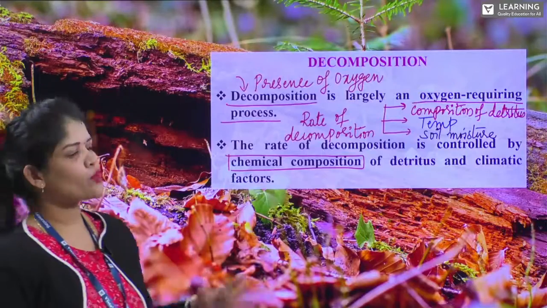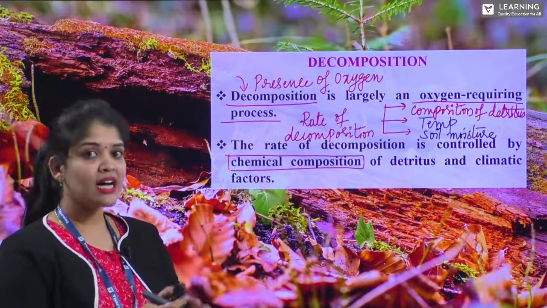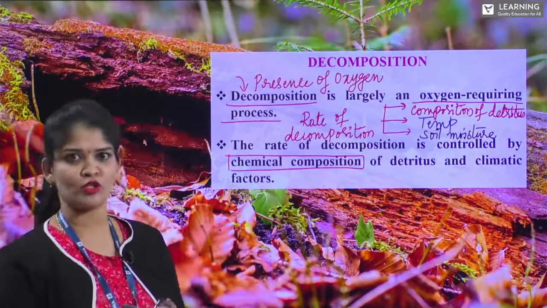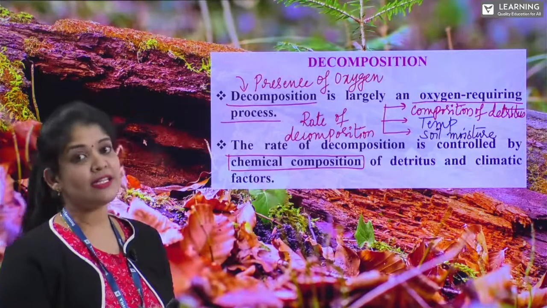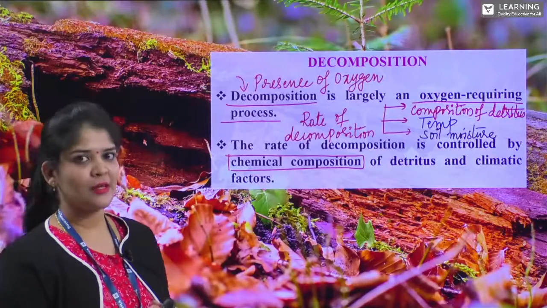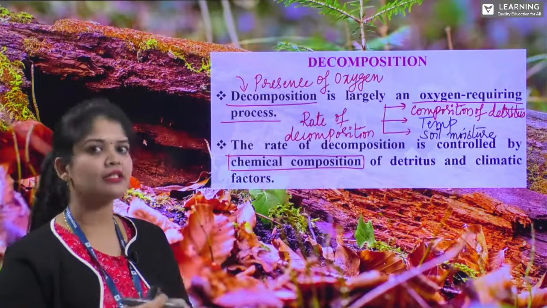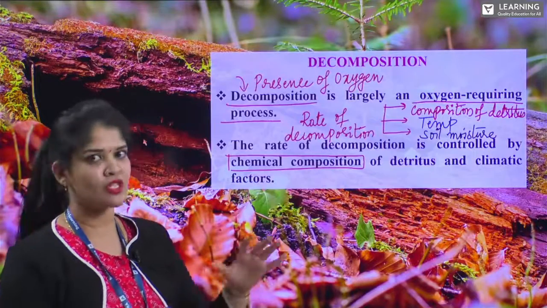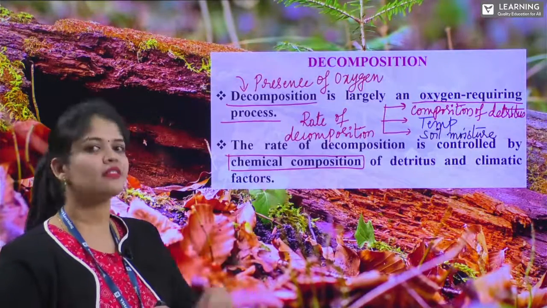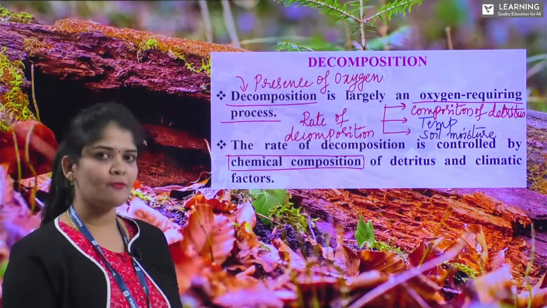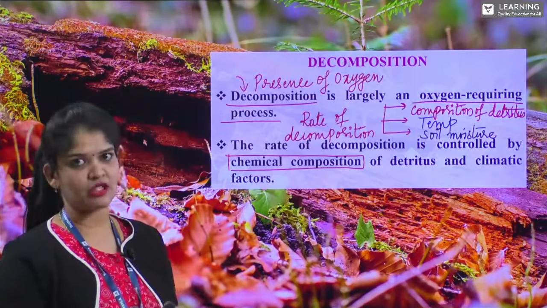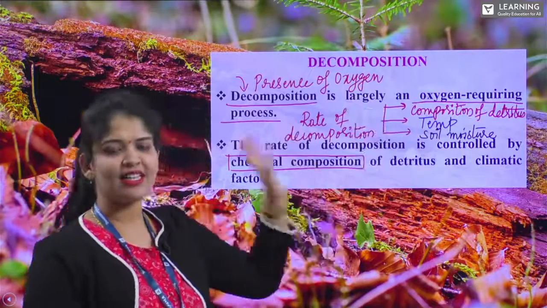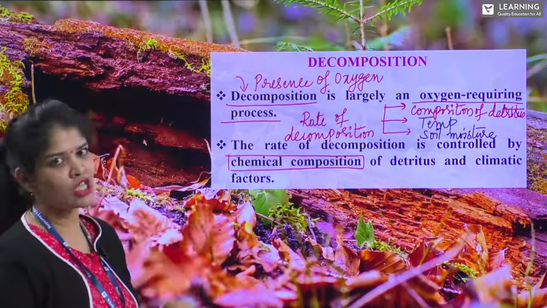So, we are in the process of understanding what are the conditions that are going to regulate, control the process of decomposition. The rate of decomposition is under the control of these factors. What are they? One is the chemical composition of the detritus, because detritus is the raw material for the decomposition. The second one is climatic factors, which includes temperature and also soil moisture content of the soil.